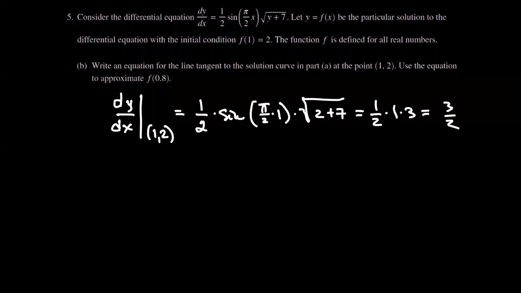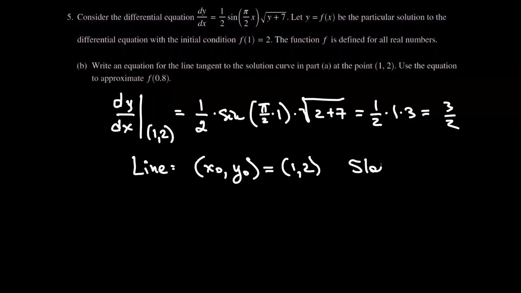And the point, so how do we find this line? This line has to go through the point x0, y0, which is the point 1, 2. And it has to have a slope equal to 3 over 2. So what is the equation of this line?